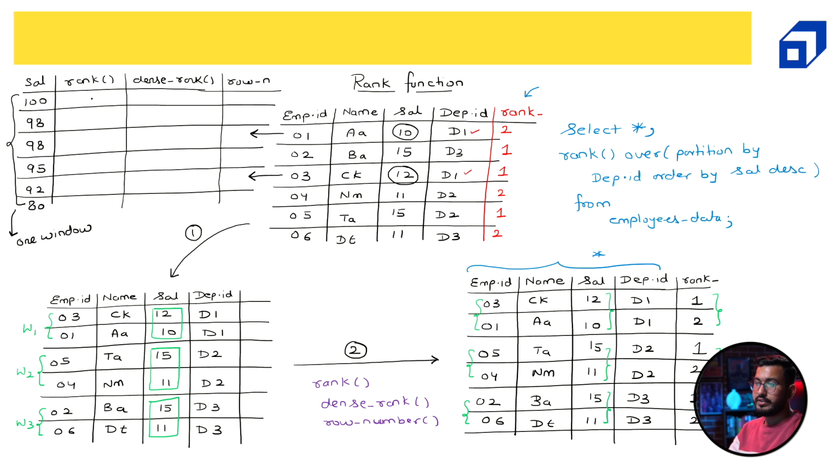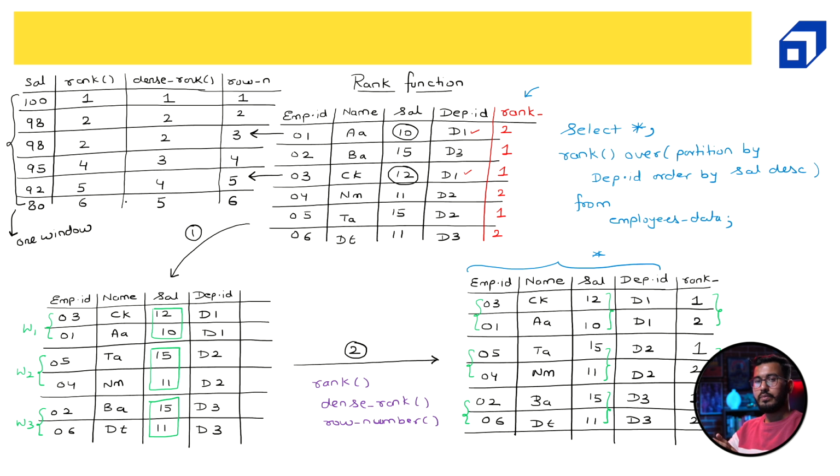Now, how will the rank function behave in this case? The persons will get a rank of 1, 2, 2. Here the rank function will skip a rank and you will get 4, followed by 5 and 6. Dense rank will not skip any rank, so you'll get 1, 2, 2, and 3, then 4, then 5. And row numbers are just raw numbers ranging from 1 to n. So 1, 2, 3, 4, 5, 6.